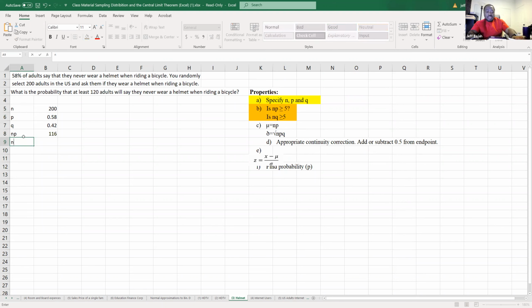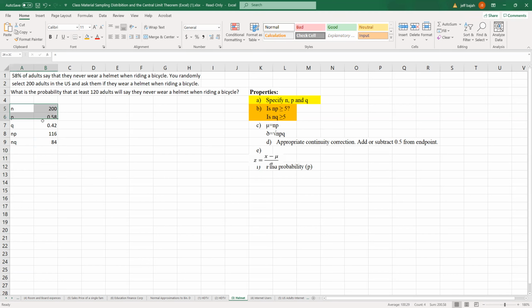And then NQ is going to be this multiplied by this. Do we have a problem here? No. Good. So we are good and dandy here. And so you can see that we are able to show clearly that we've met the steps.